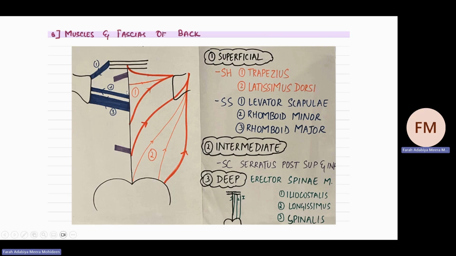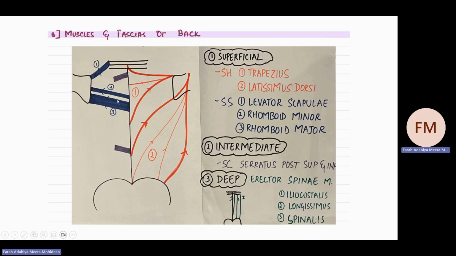The second muscle is rhomboid minor. It also originates from the spine and it inserts into the medial border of your scapula. Then you have your rhomboid major, which also originates from your spine and it inserts into the medial border of your scapula and a little bit in the inferior angle of your scapula.